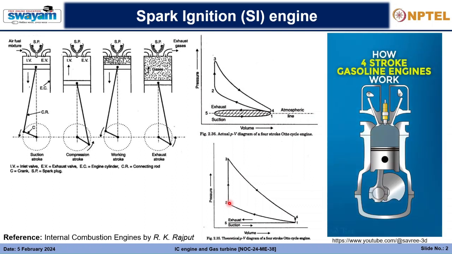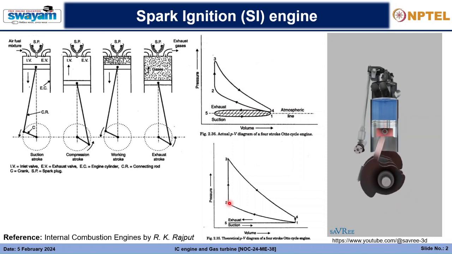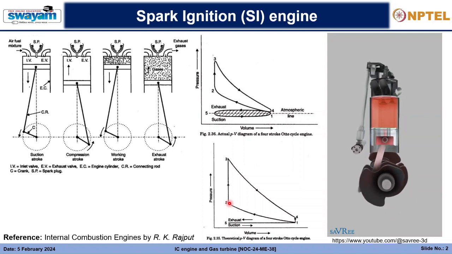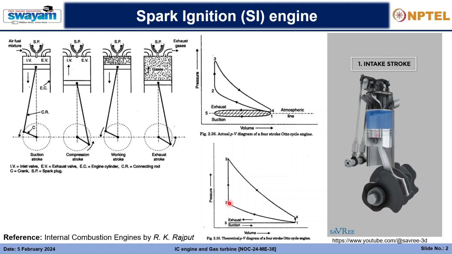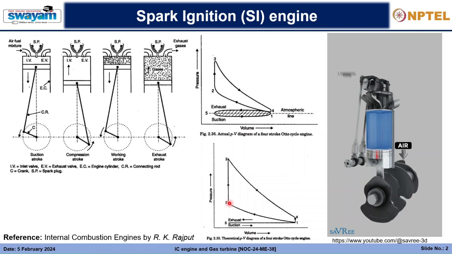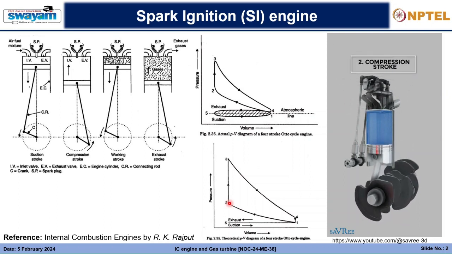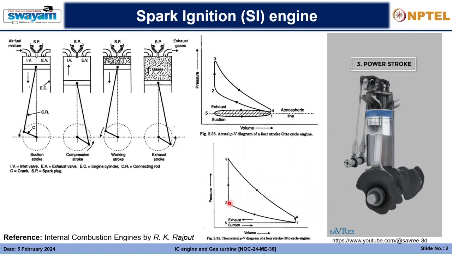How four-stroke gasoline engines work. Four-stroke gasoline engines use four strokes of a piston to complete one combustion cycle. The four strokes are intake stroke. The piston moves down, drawing air into the cylinder via the air intake valves. Compression stroke. The piston moves up, compressing the air within the cylinder. Power stroke.